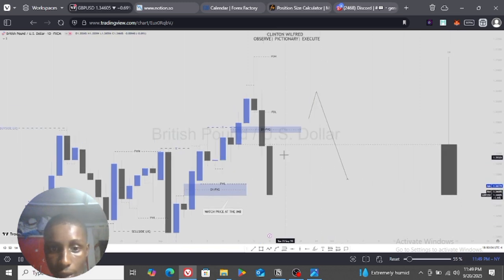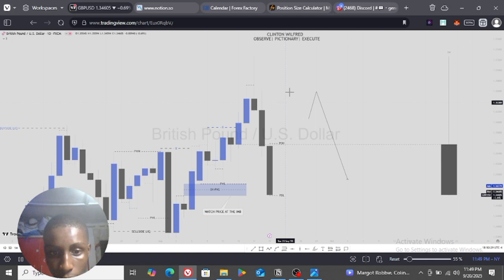As price has taken out previous day lows, this is our previous day low, and this will be our previous day high, right?